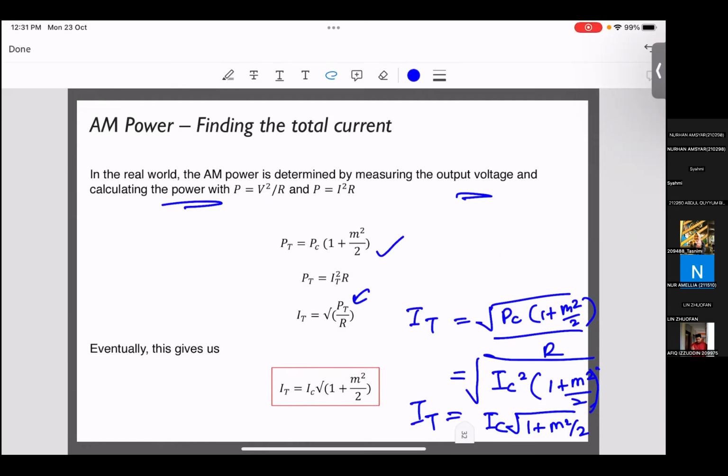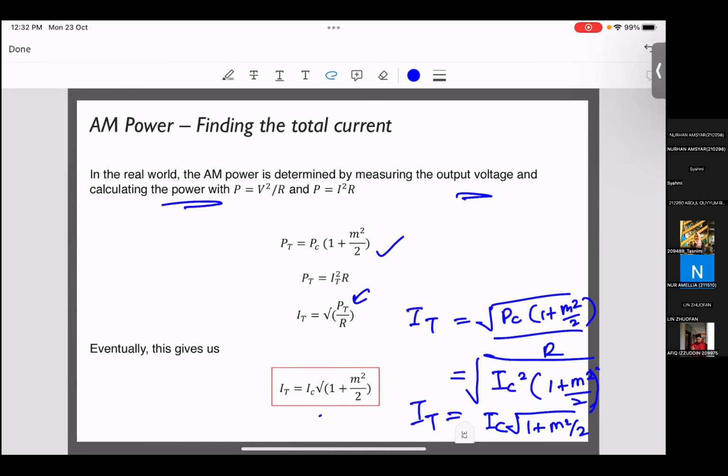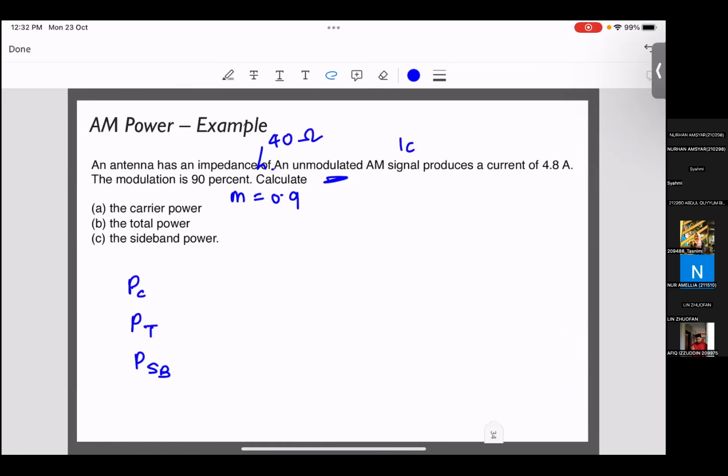Would it be this one? We have IC here, IT here, and we have m here. We can find the total current. From the total current, we can find the PT, I guess. So let's bring this equation over. IT equals IC. So let's just park this first.